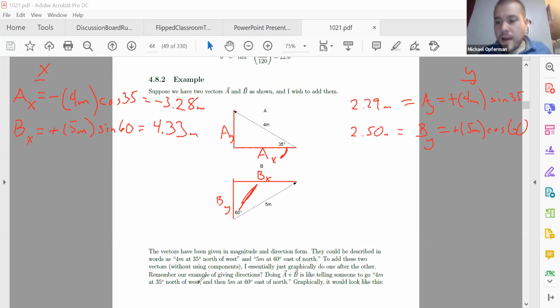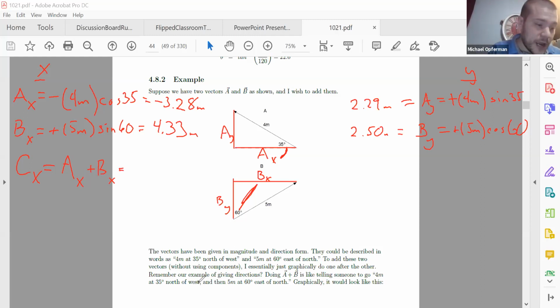All right, so that was step 1. Now I've got all my X components and all my Y components. Next thing I do, the X component of C, remember C is the sum, C equals A plus B. So the X component of the answer is just the sum of the 2 X components. And when I say sum, you do include that negative sign.